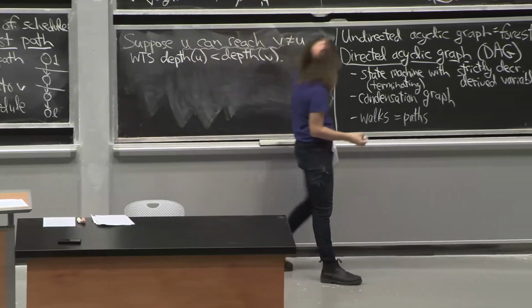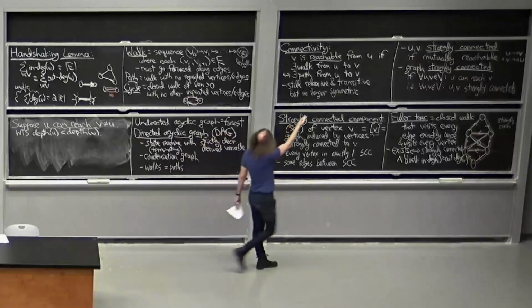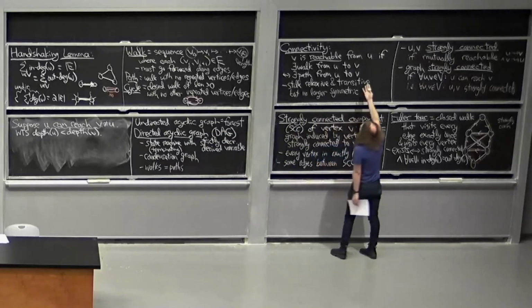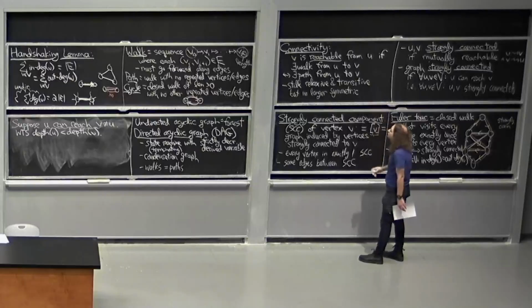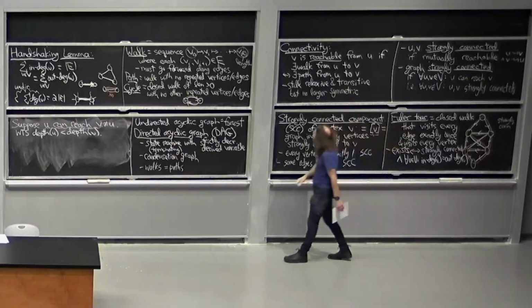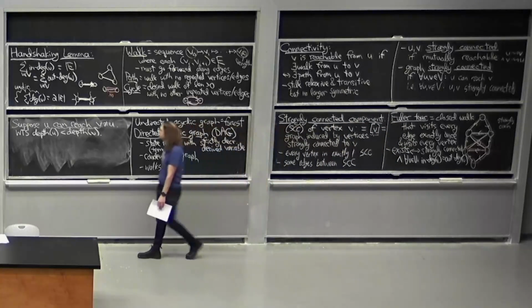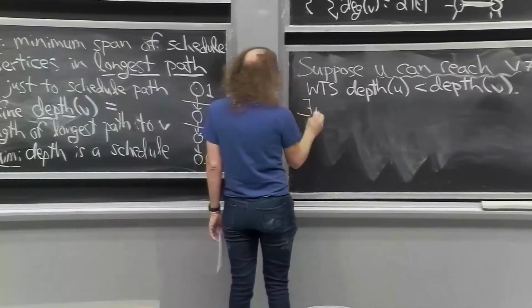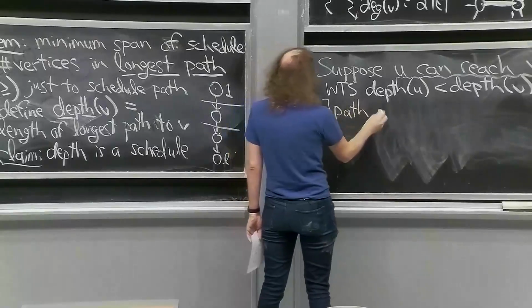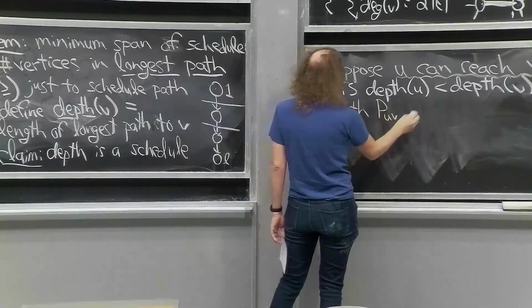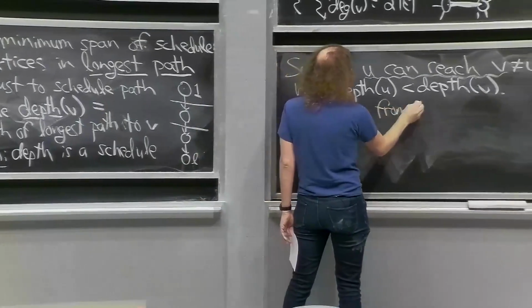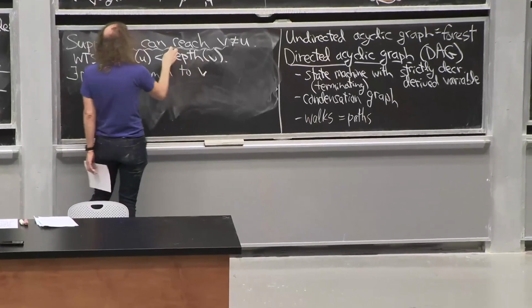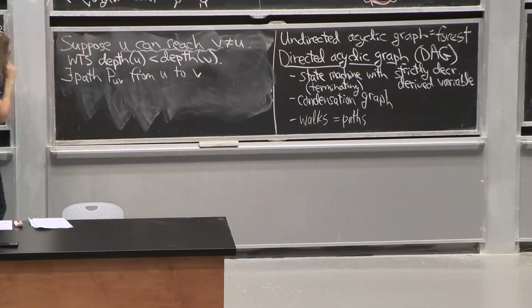V is reachable from u, or u can reach v, if there exists a walk from u to v, or in general, it's the same as there exists a path from u to v. So we know that there exists a path, let's call it p_uv, from u to v. That's the meaning of u can reach v.